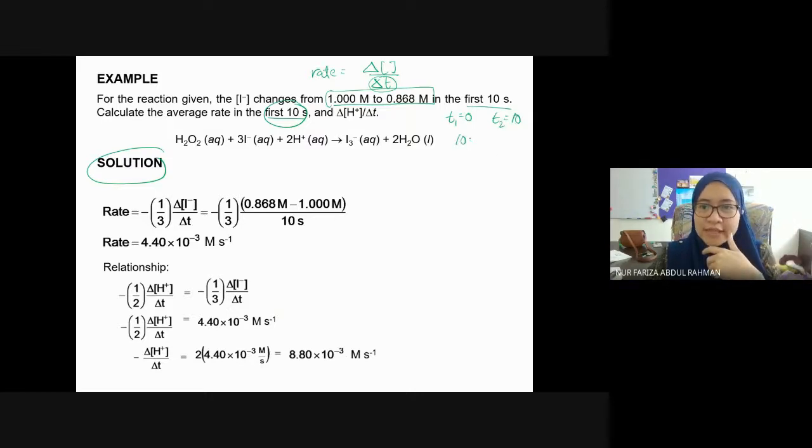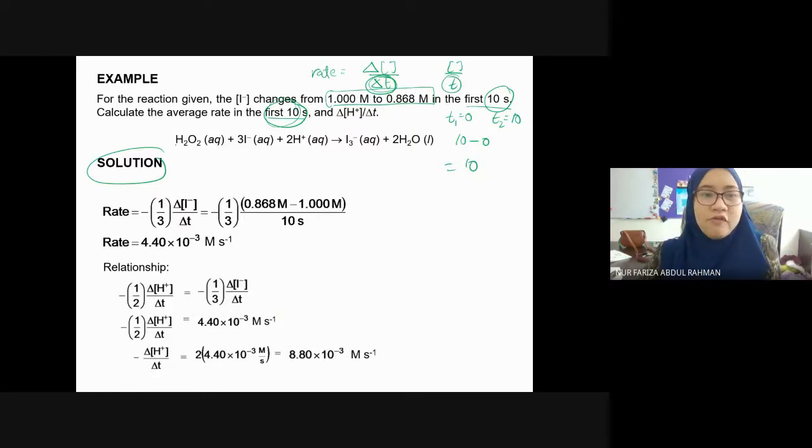Then you can simply do 10 minus 0 and get 10. Understand? You must get delta T. It is not concentration over T, it is delta concentration over delta T. Okay, so when it says 10 seconds, it is understood that it is from 0 until 10. That is the story of the first 10 seconds. It is not just T, it is actually delta T.